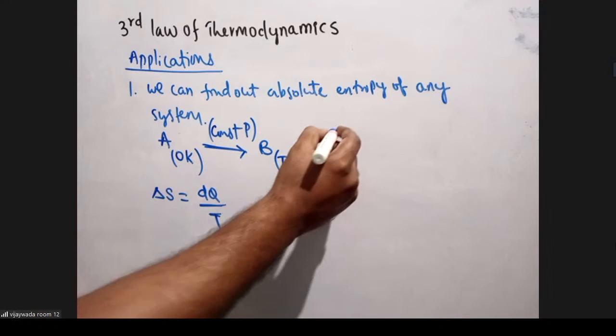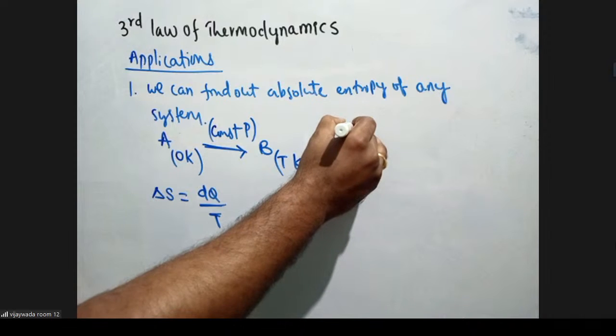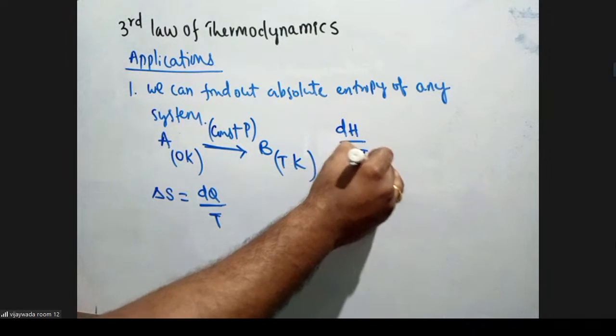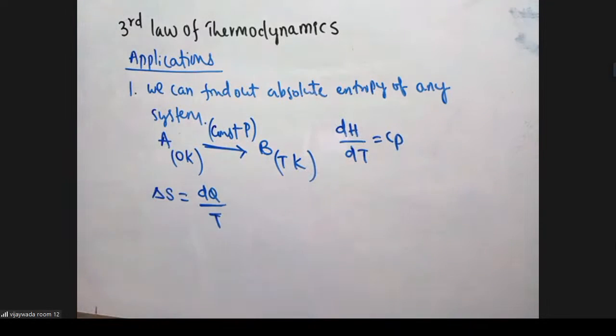dH by dT equal to Cp, the molar heat capacity at constant pressure.